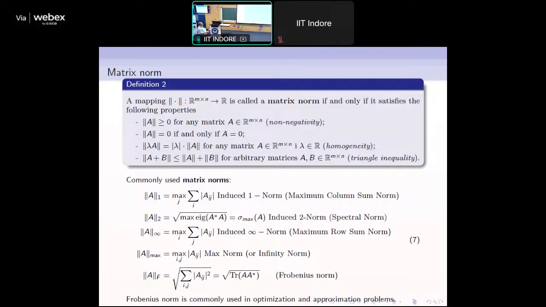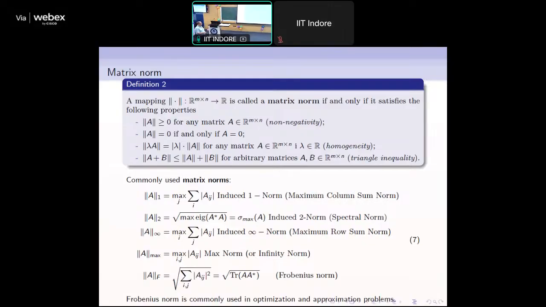The first property is non-negativity, which means that a matrix norm is a non-negative function. A matrix norm is 0 only for the 0 matrix. Then a property about the matrix norm and scalar value lambda. Then the triangle inequality. Each matrix norm must satisfy such 4 properties.